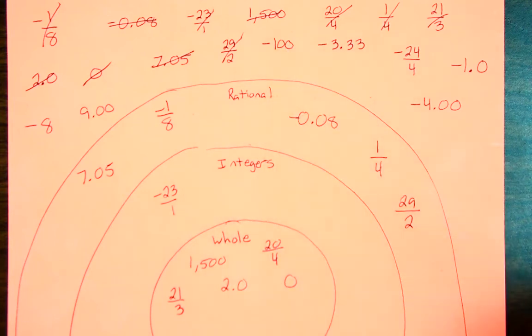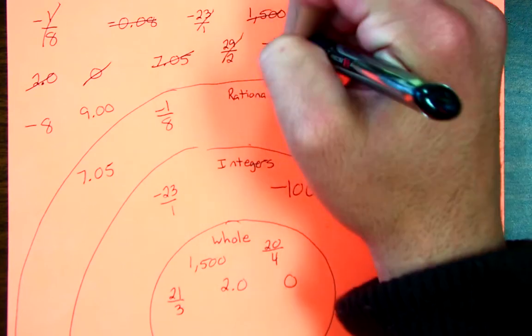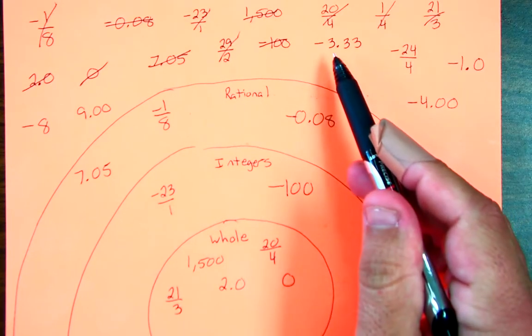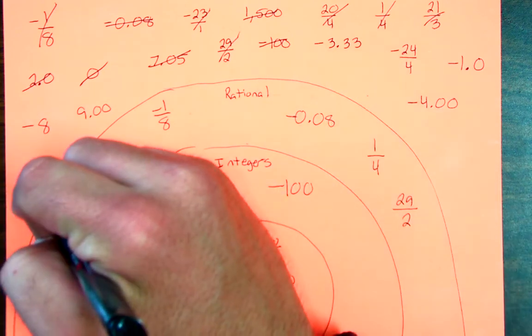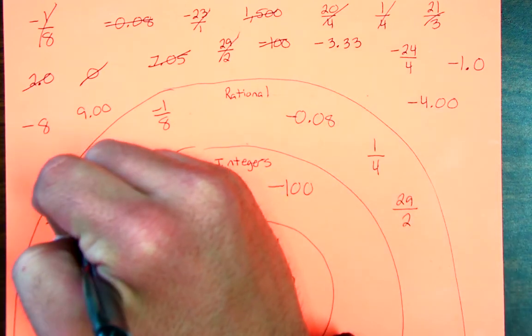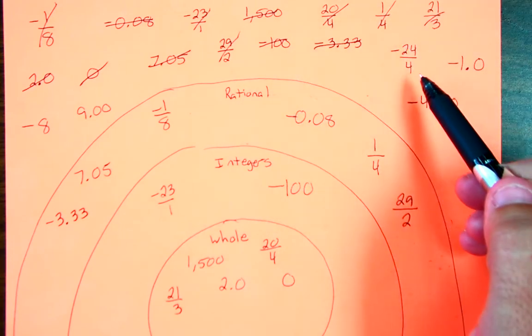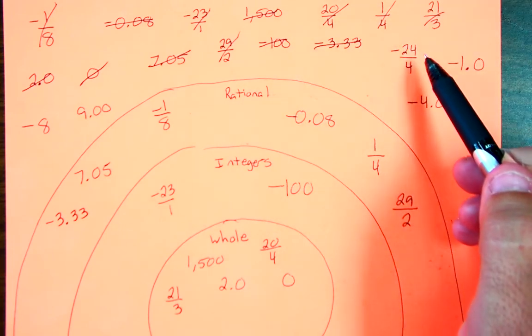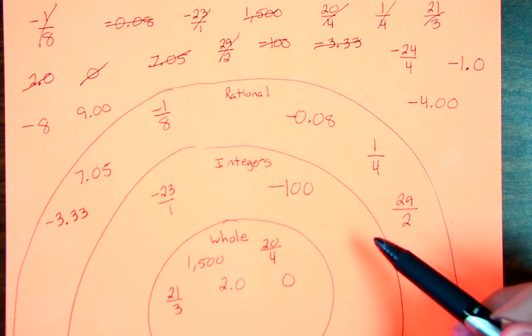That's a negative whole number, so it's an integer. -3.33. It's a decimal, so it's rational. -24 divided by 4 gives you -6, which is a negative whole number, which is an integer.